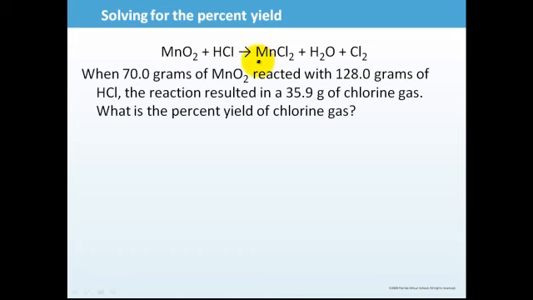And that's balanced the way it is. Oxygen, we have 2 on the left. On the right, we only have 1. So to balance that, we need to put a 2 in front of the H2O.